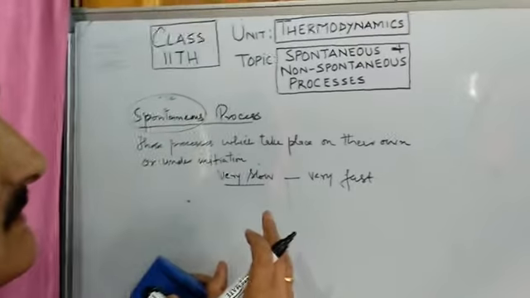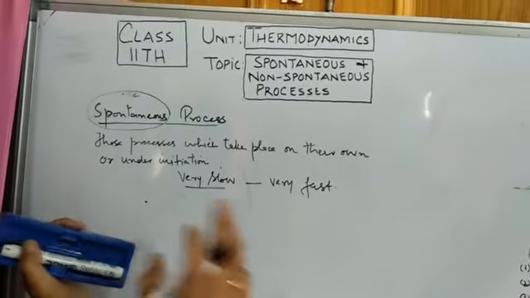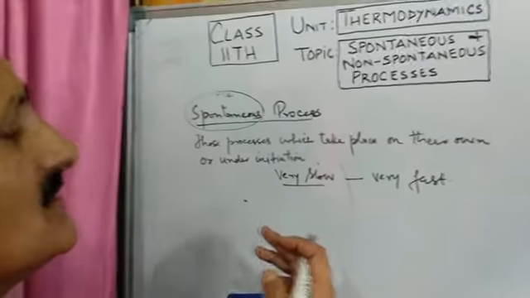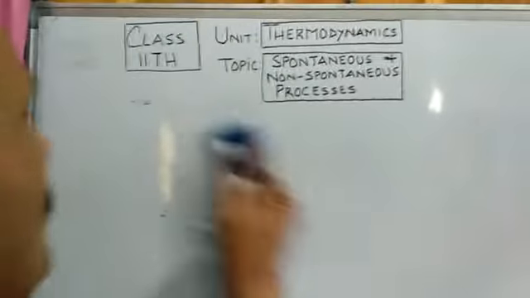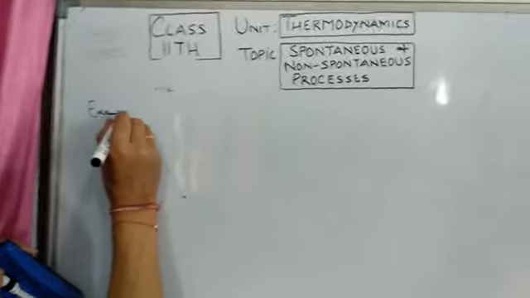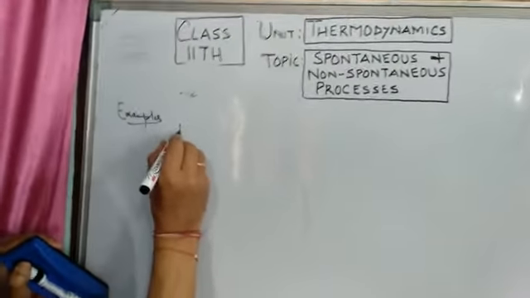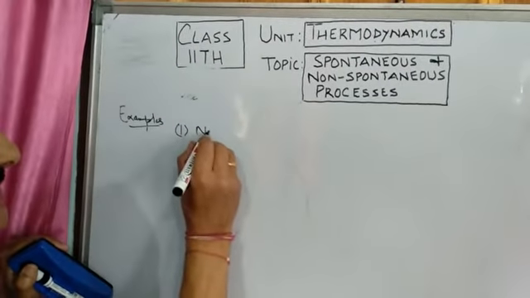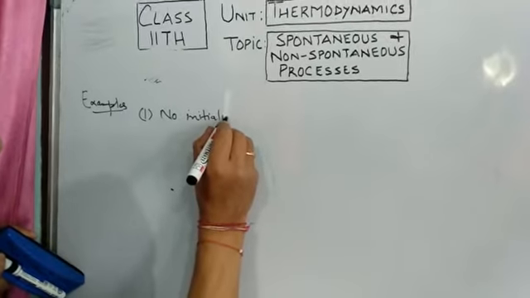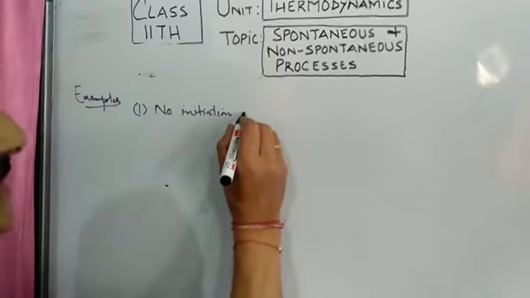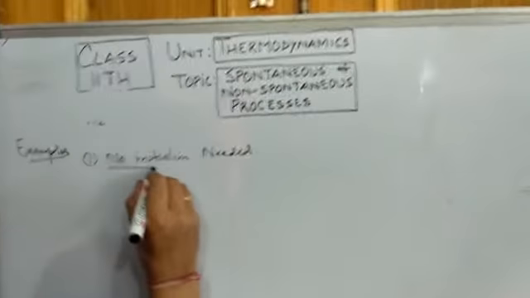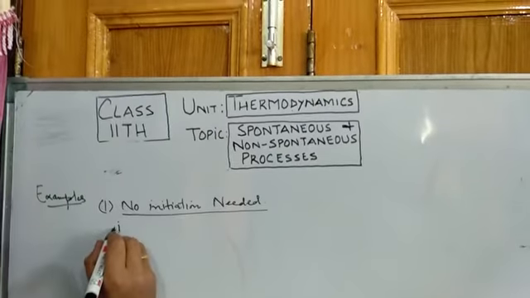First we will take some examples where we do not require any initiation. Then we will take some examples where we do require some initiation. First, examples of spontaneous processes where no initiation is required. These are all spontaneous processes without initiation.